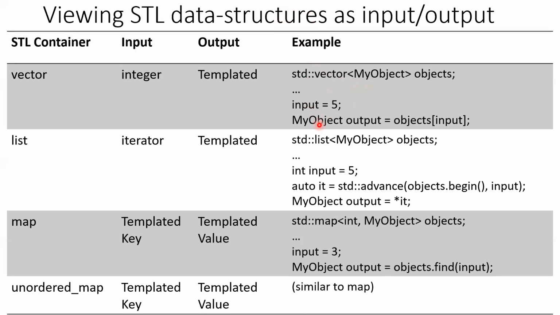And here is an example of how to get one element from the vector. The list will take in an input as an iterator, and it can store anything because the output is templated. And the example of how list will work. A map will have a templated key and templated value, and similar to an unordered map.